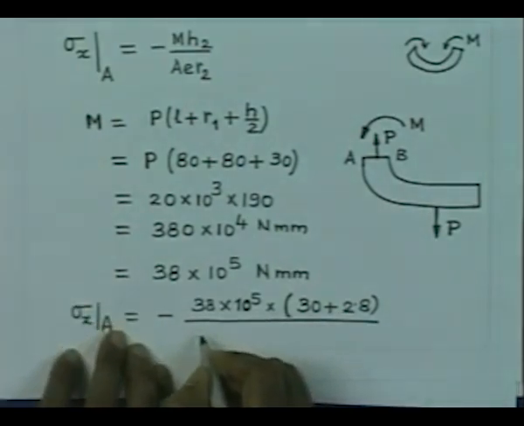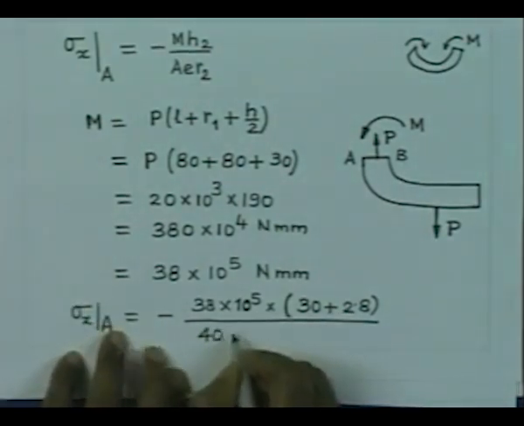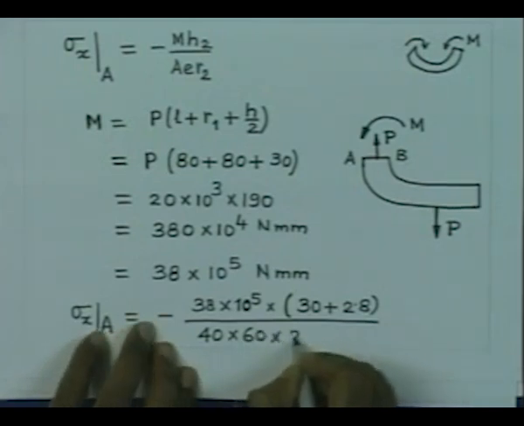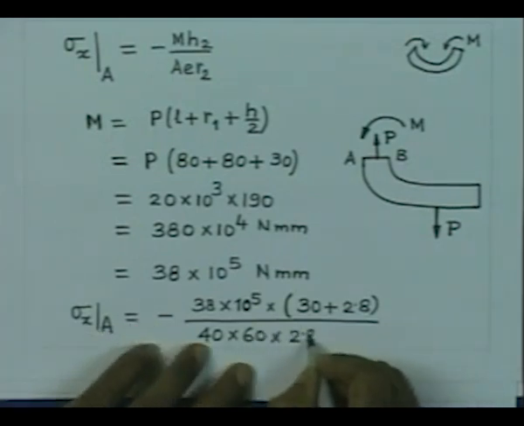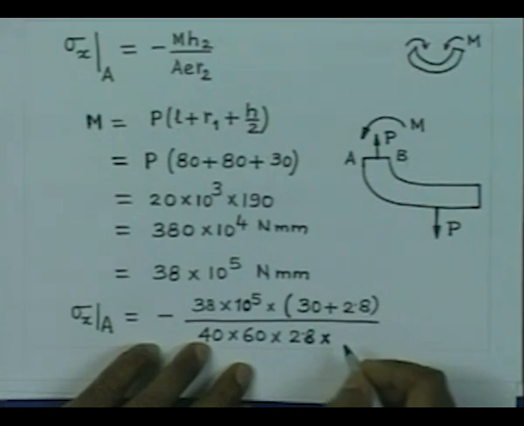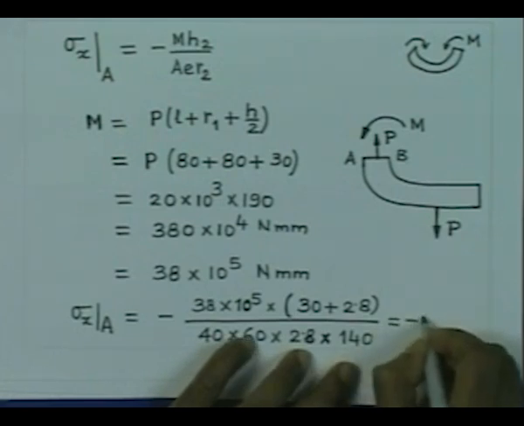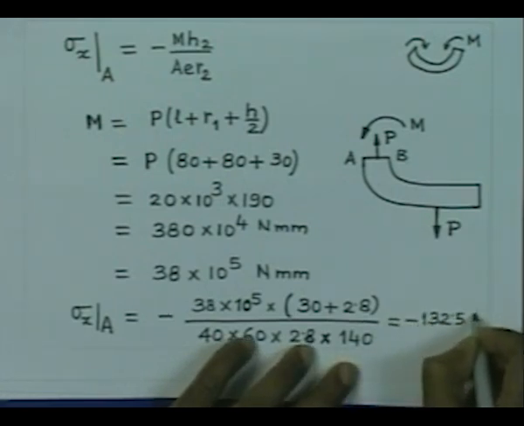Area is 40 into 60, eccentricity is 2.8, and R2 is going to be 80 plus 60, 140. If we simplify this, it gives us 132.5 Newton per millimeter square.